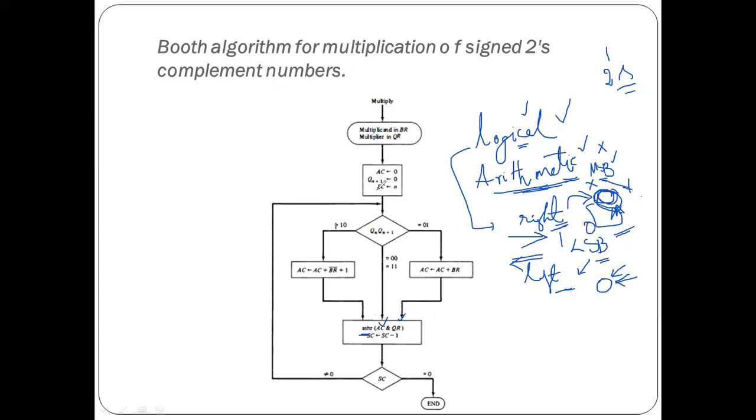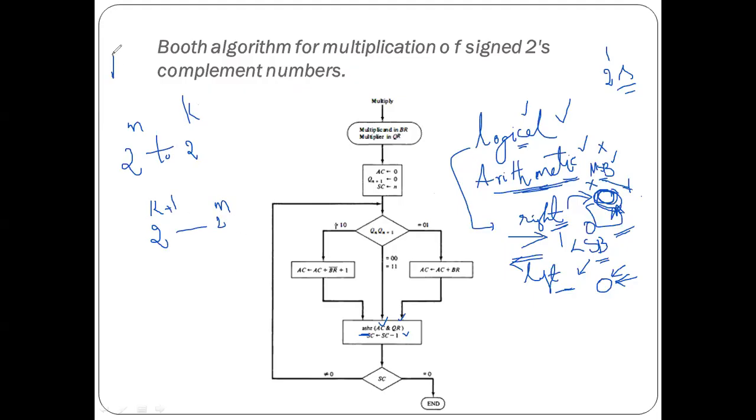After one inspection of the least significant bit of the multiplier, we decrease the sequence counter by 1, and it is repeated until it becomes 0. Okay. So this is about the algorithm, and let us see the example. The base for Booth's multiplication algorithm is that any number which has a series of ones from 2 power m to 2 power k can be represented as 2 power k plus 1 minus 2 power m.